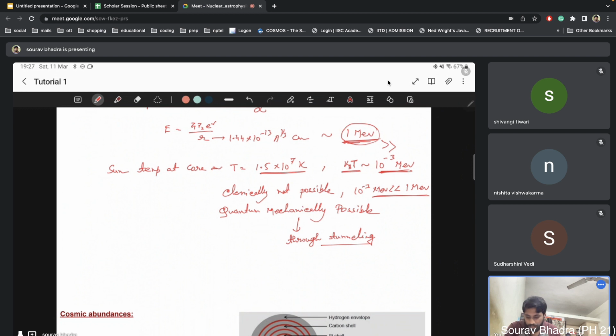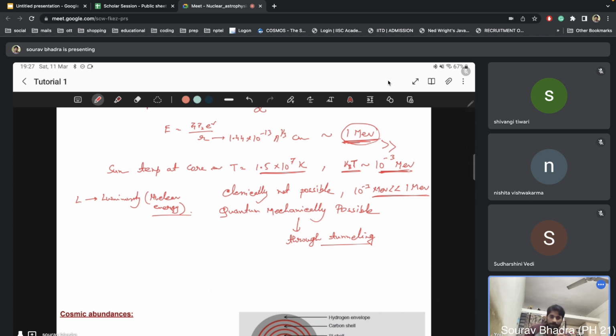As I told you, L, the luminosity, is due to the nuclear energy released in the fusion. Now we will calculate how much time there is for the sun to burn all of its fuel. That means we will consider only hydrogen and helium. All the hydrogen will be fused to helium, and we will calculate the time scale.